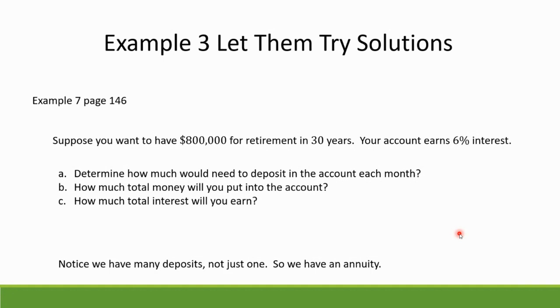We want to have $800,000 in retirement in 30 years from now, let's say. And we know the account is earning 6% interest. That's our annual interest.